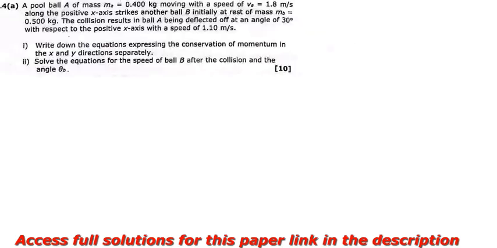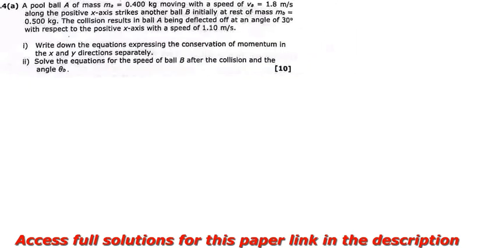So we continue with question 4, that is question 4a. The question is saying: a pool ball A of mass mA equal to 0.4 kg, moving with a speed of vA, which is 1.8 meters per second along the positive x-axis, strikes another ball B initially at rest, of mass mB equal to 0.500 kg.